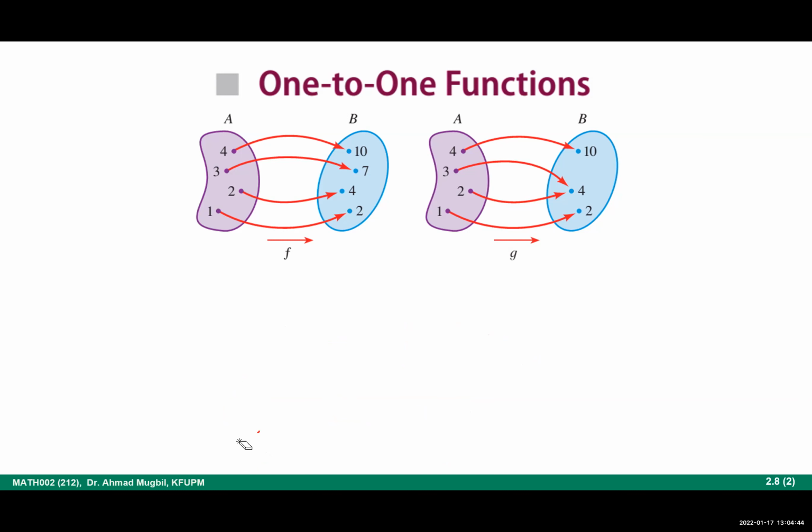Now, I think it is clear from the name, one-to-one. So look at f. Is it one-to-one? Yes. The first one is in the domain, the second one is in the range. So is it one in the domain to one in the range? Yes. So f is one-to-one. What about g?